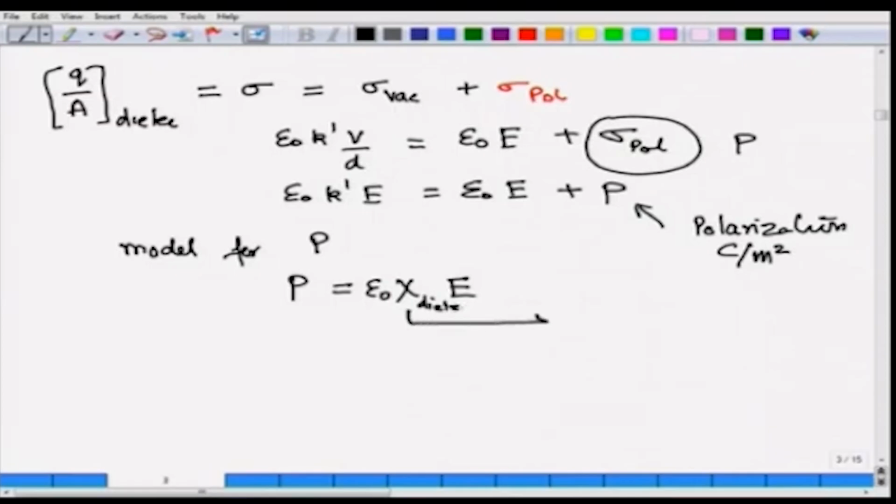So, this quantity is the dielectric susceptibility. All these ideas you have studied before also.